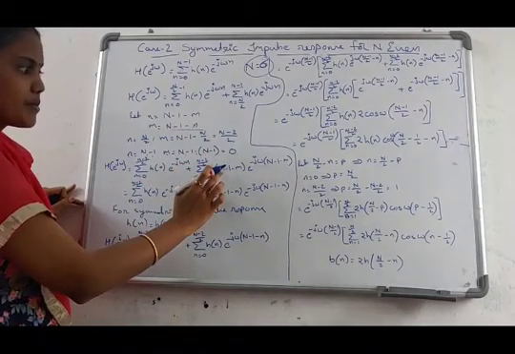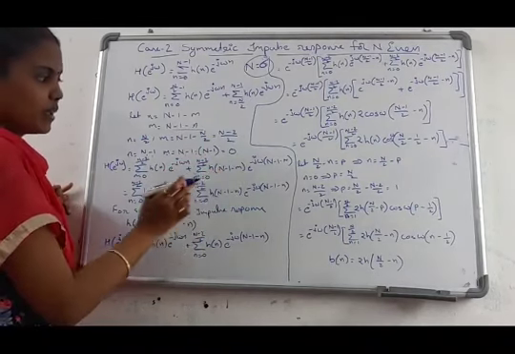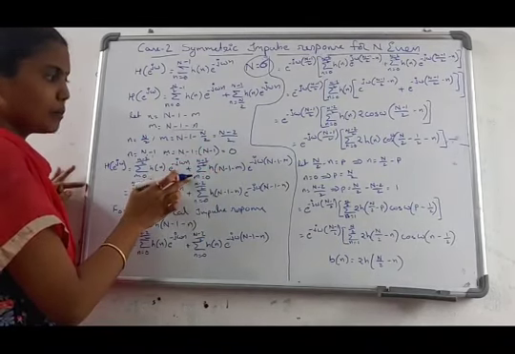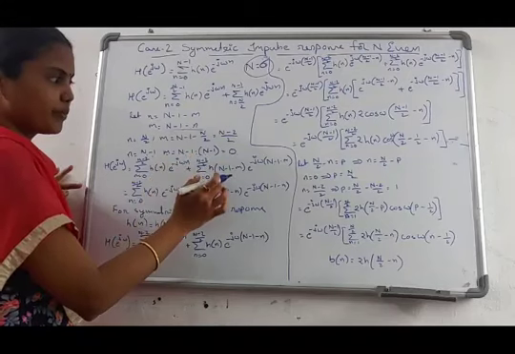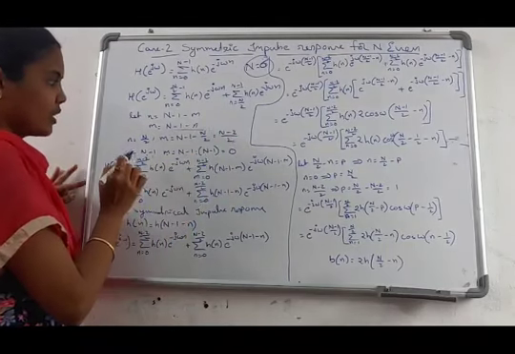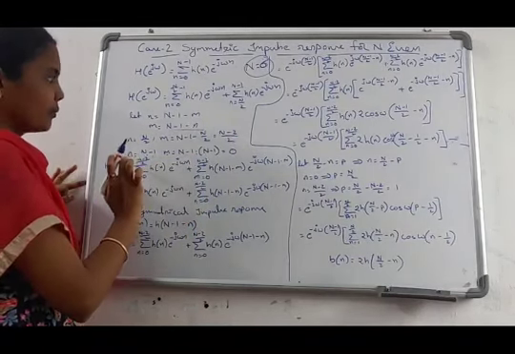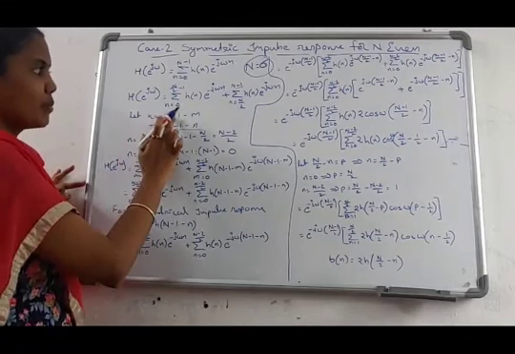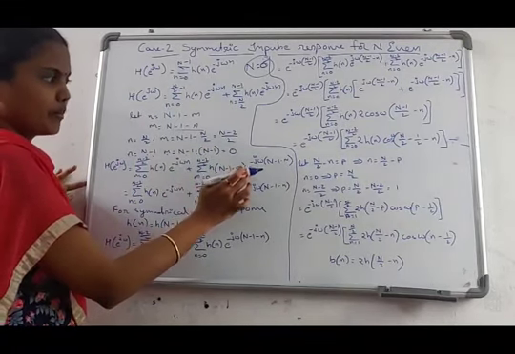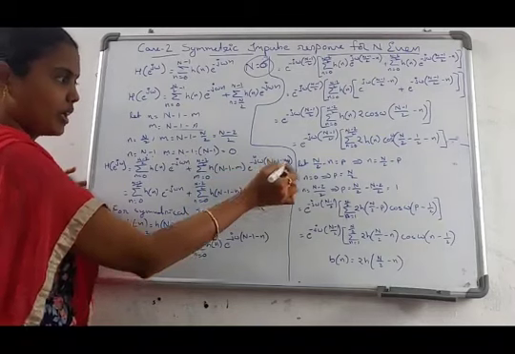In place of n, substitute N minus 1 minus m. So n is equal to N minus 1 minus m, into e power minus j omega n.